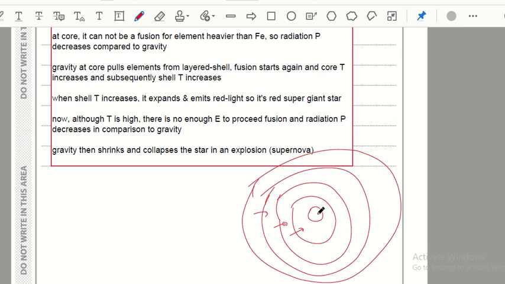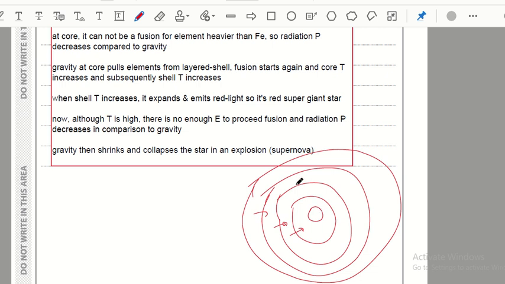Gravity will exceed radiation pressure because radiation pressure is originally produced from fusion. So when fusion stops, gravity exceeds radiation pressure. And when gravity exceeds radiation pressure, it pulls elements from the layered shell, okay? And when it pulls them, it becomes possible that fusion starts once again.